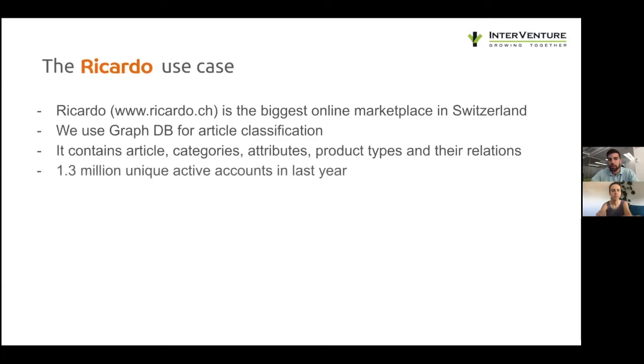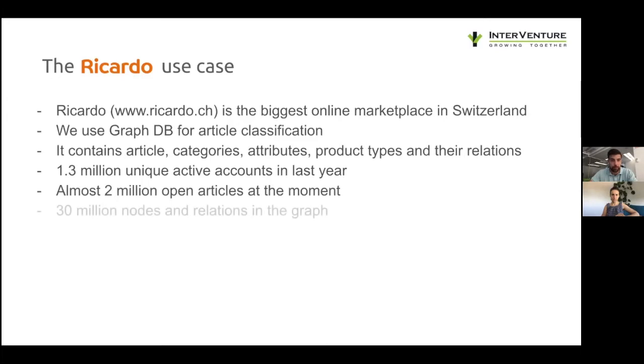Just to give you a heads up on the size of our graph database: we handled 1.3 million unique active accounts last year. We have almost 2 million open articles at the moment. In our graph database, there are around 30 million nodes and relations.